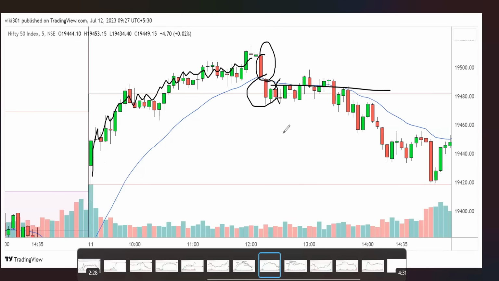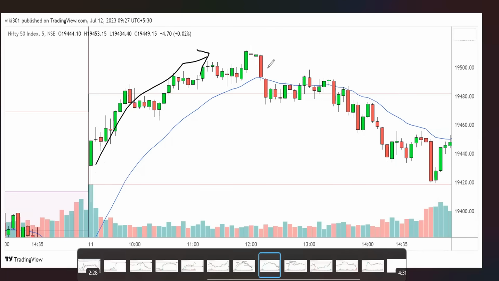It's an indication for me that I should square off my long position if I have taken one, and I should think about going short, right? I should think about going short because this candle broke the 20 MA and closed below it. But again, I was telling you that if it closed below, don't keep your stop loss here because your stop loss can be hit. So your stop loss goes above this swing high.